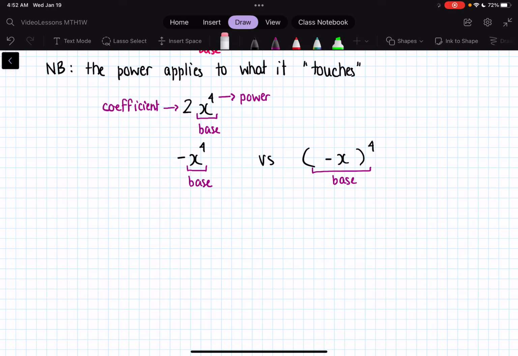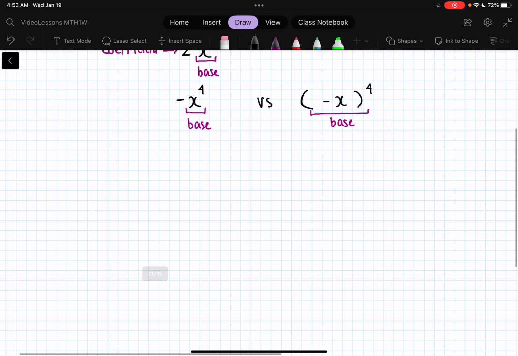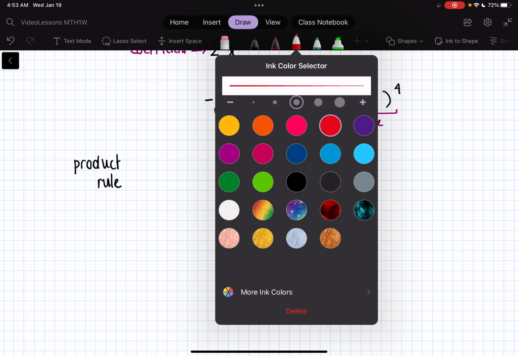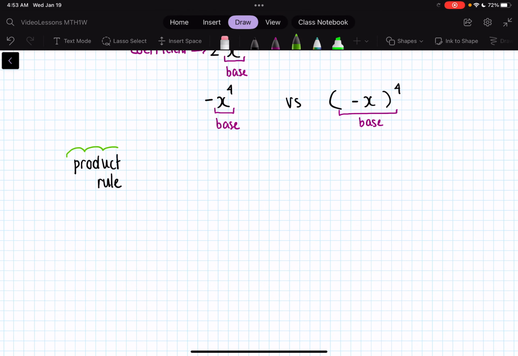So now we're just going to go over the exponential rules. So we have the product rule. In mathematics, we remember product means to multiply. And the rule, if we are to write it out, only applies when we have same base multiplication.